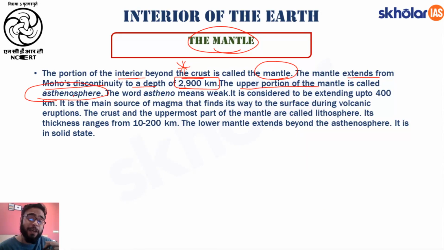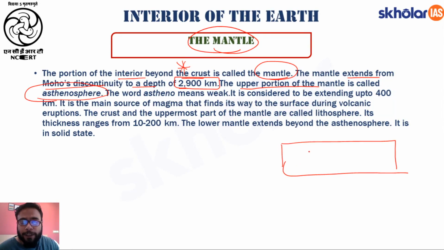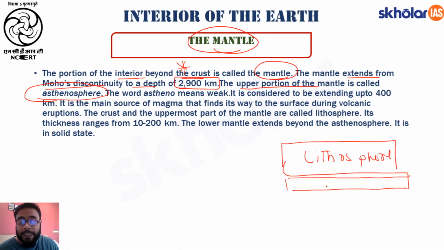Fine. So now we have understood what a lithosphere is. Lithosphere is nothing but the crust plus the upper part of the upper mantle, and below the lithosphere, what do we have here? We have another semi-molten or semi-liquid layer, which we call the asthenosphere. And why do you think that the lithospheric plates or the tectonic plates are moving?